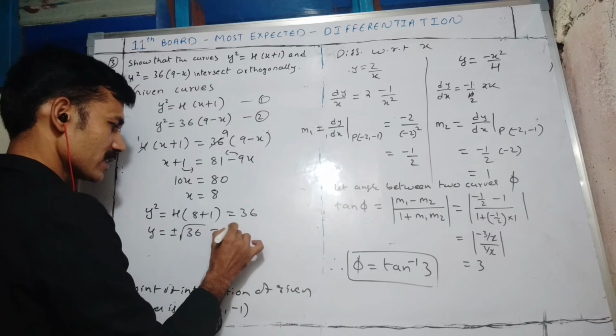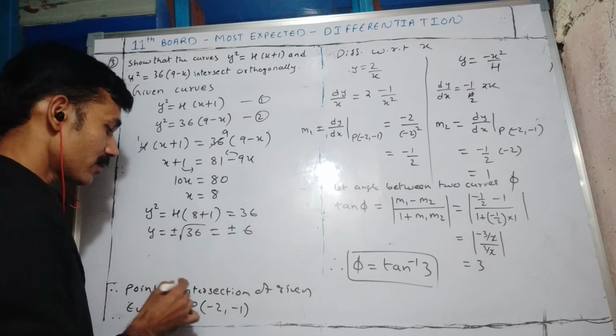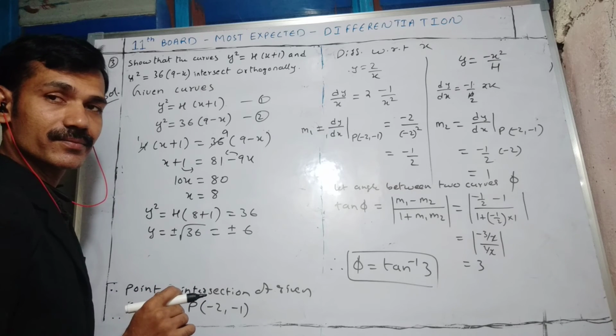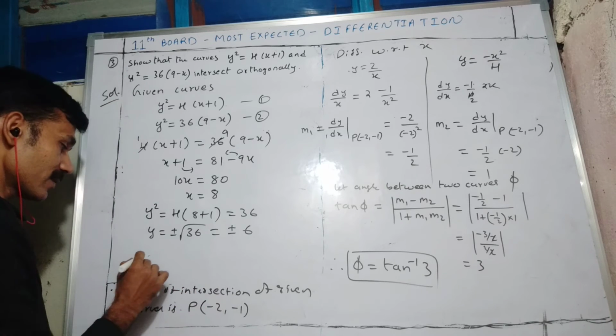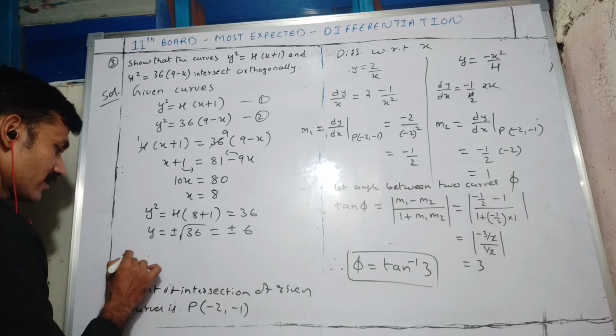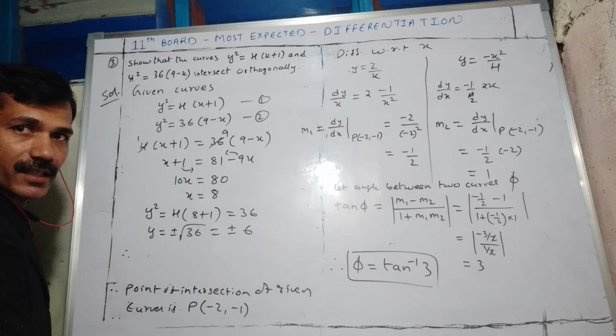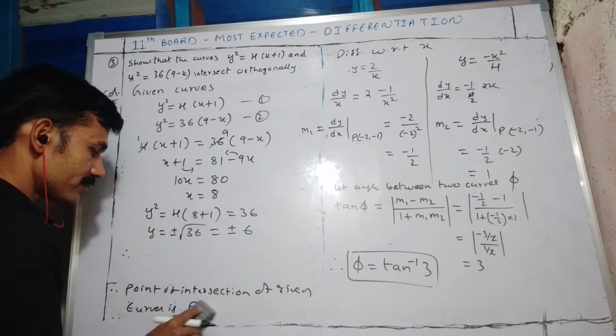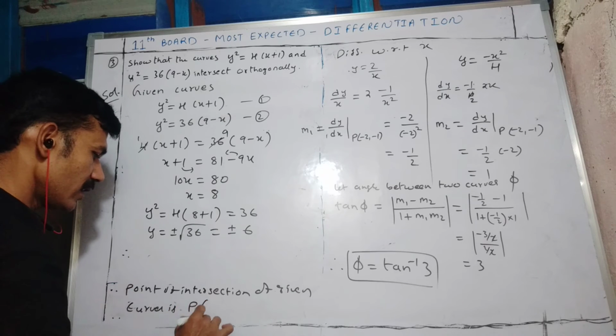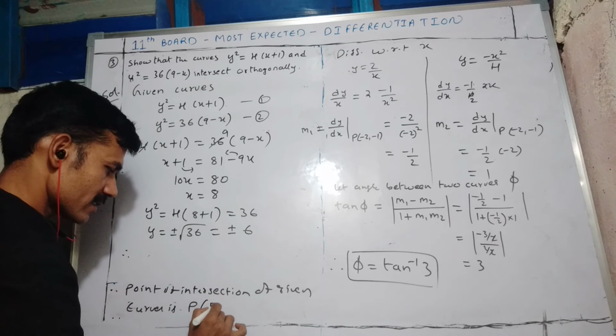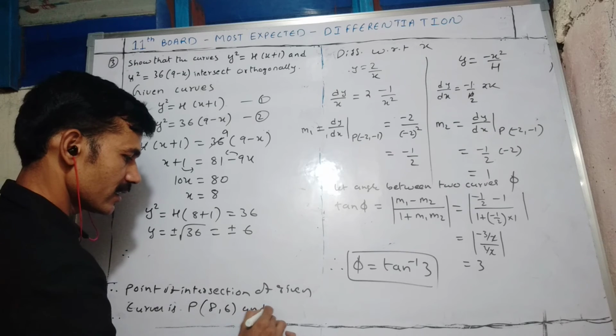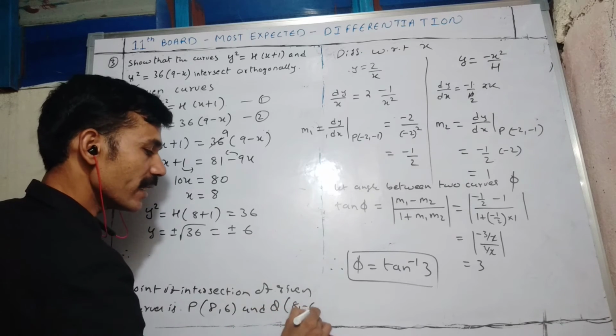That is plus or minus 6. Therefore here 2 points are there. See. Here the points of intersection, 2 are there. Therefore the points of intersection are, one is P (8, 6) and another point is (8, minus 6).